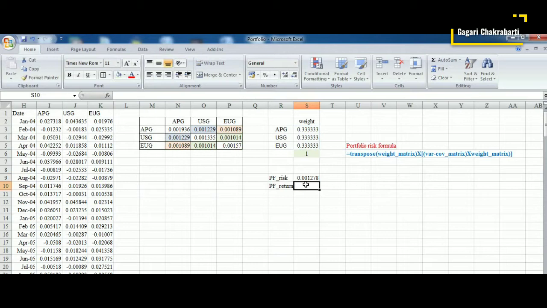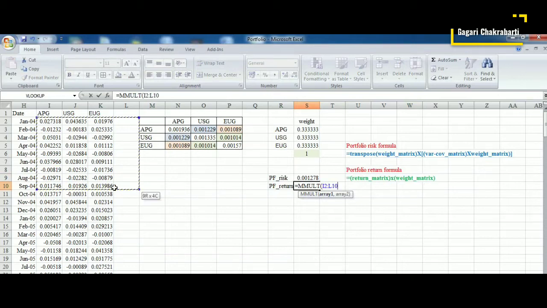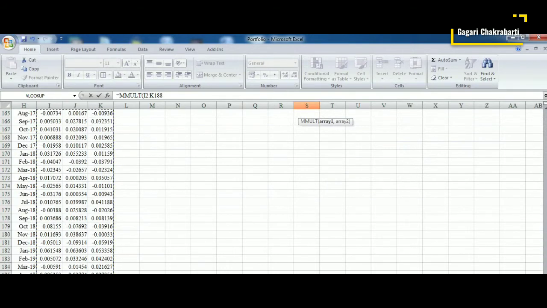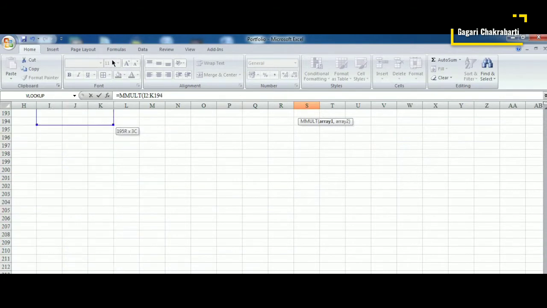Now we shall be computing the portfolio return for this equally weighted portfolio. The portfolio return is given by the product of the return matrix and the weight matrix. Accordingly, we use the MMULT function once again to compute the portfolio return for this equally weighted portfolio.